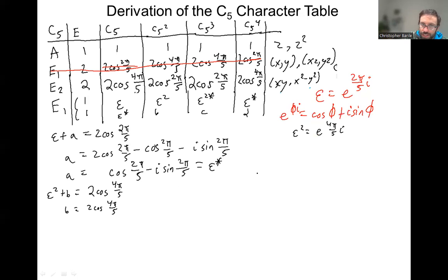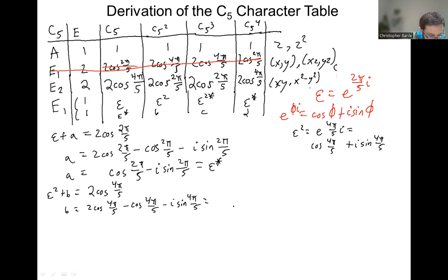And of course, that is equal to, by Euler's formula, cosine 4 pi over 5 plus i sine 4 pi over 5. So we are subtracting that out. And what do we get?